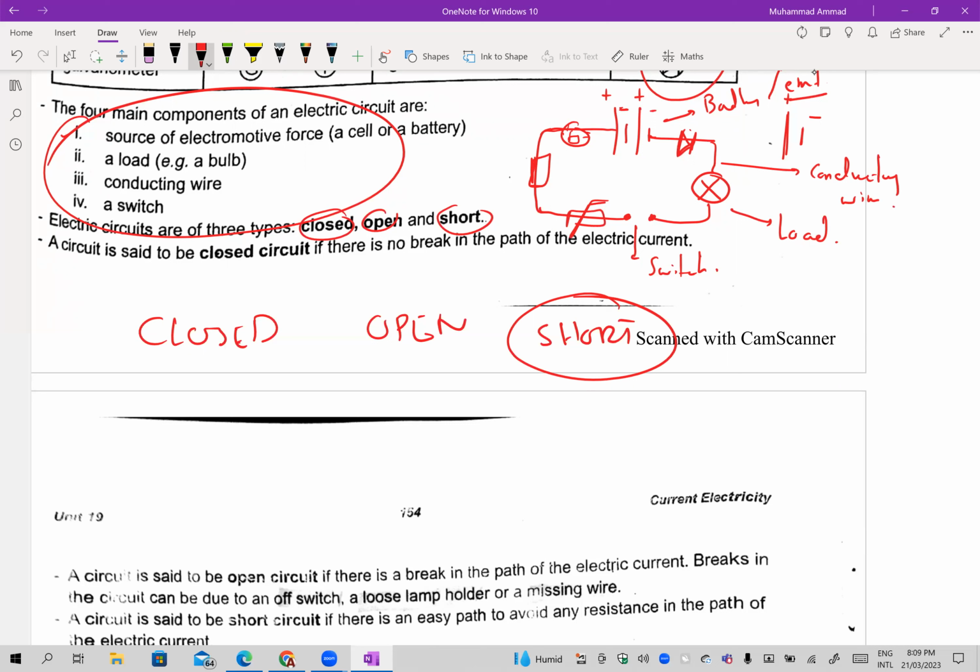And open and closed circuits are very simple as well. An open circuit is the one that's not connected, having an opening, having a gap, maybe. Yeah, a broken circuit for that matter. And a closed circuit is a complete circuit. If I remove the switch from here, that's going to be an open circuit, no connection.